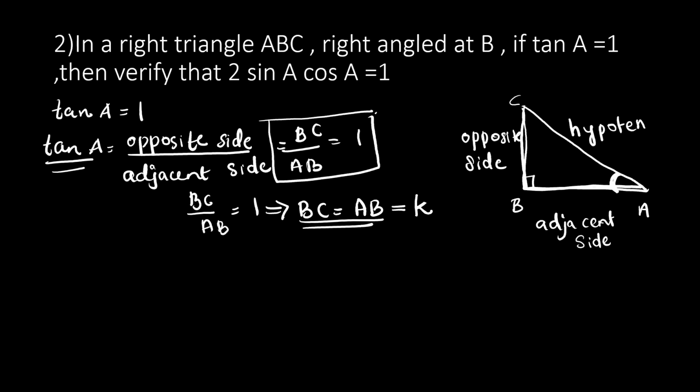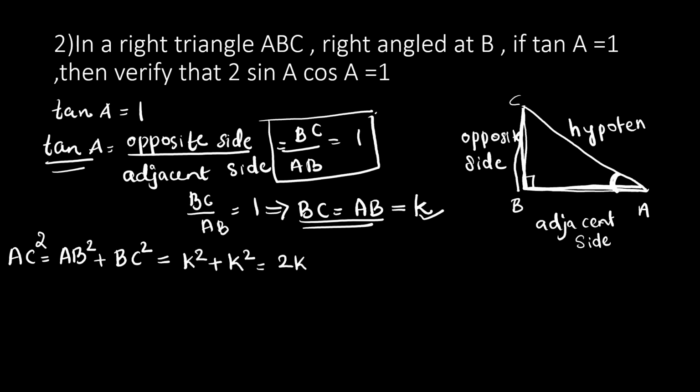Now what we'll do is we'll find the third side, that is hypotenuse AC. How we'll find AC? That is by Pythagoras theorem, AC square equal to the sum of the squares of the other two sides, that is AB square plus BC square. AB we wrote as K and also BC is K, so K square plus K square, which is equal to 2K square.